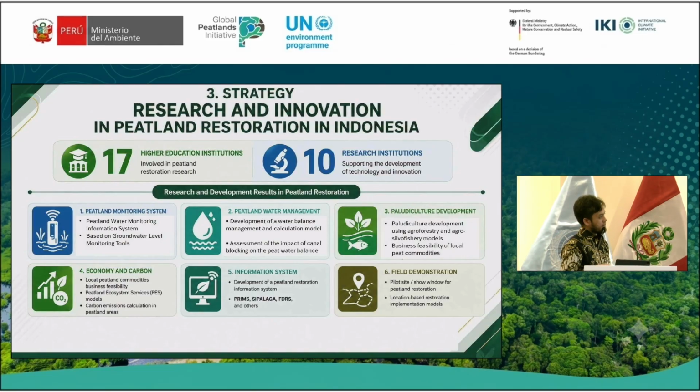Then for economy and carbon, this focuses on how the local communities can benefit from payment for ecosystem services. And six, the information system. This focuses on implementing an information system capable of monitoring the peatlands in Indonesia. And the last, the peat demonstration. This demonstrates how a successful restoration model can be replicated in other locations in Indonesia.